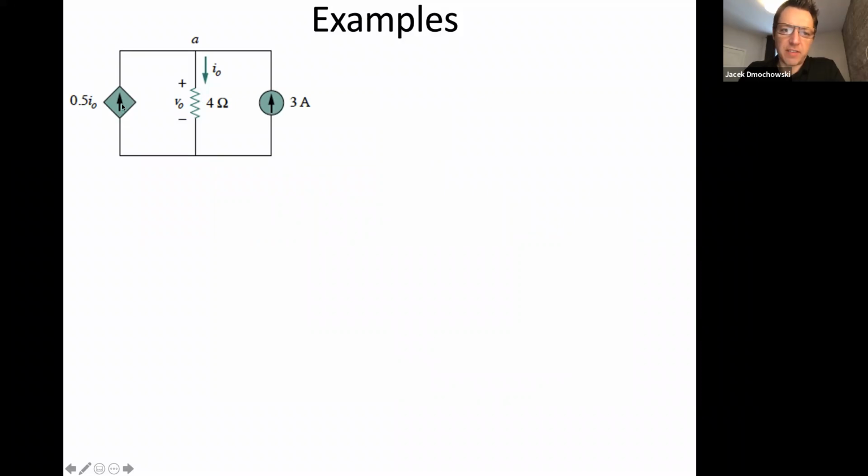But as long as you have the arrow here, it's a current source. And 3 amps is independent. So I naught is equal to 6 amps, and V naught is equal to 4 times 6, which is 24 volts.